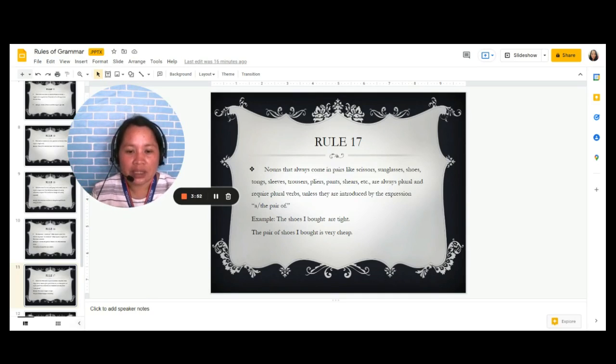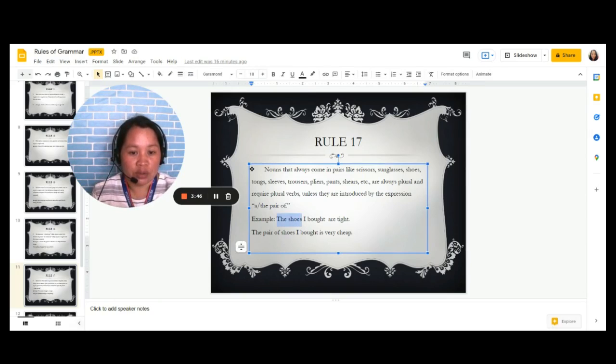So for example, the shoes I bought are tight. So the shoes are tight. Okay, and the next example, the pair of shoes I bought is very cheap. So don't be confused about using the plural verb.